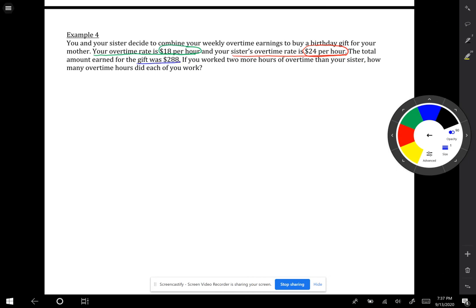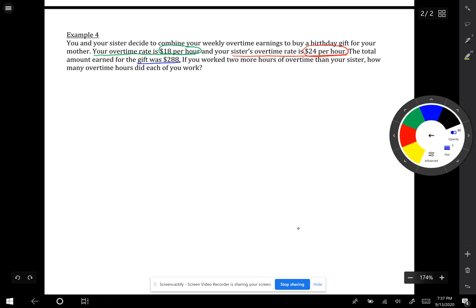If you worked 2 more hours of overtime than your sister, how many overtime hours did each of you work? So let's just come up with some real life variables.